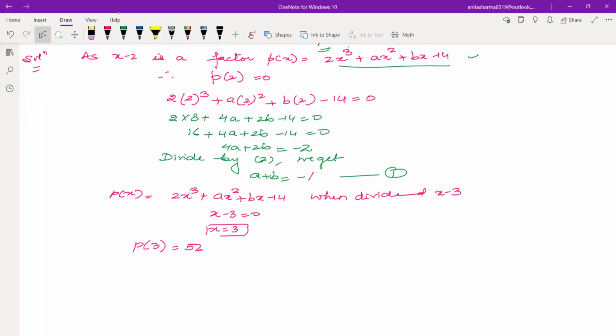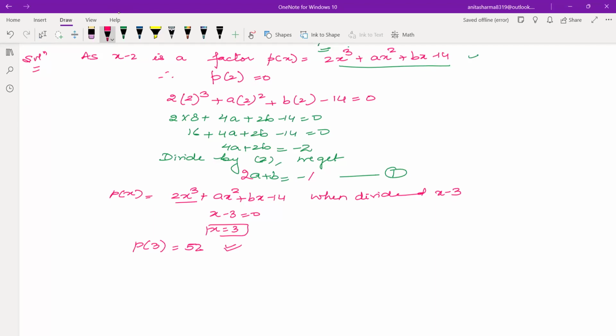Ma'am, in the first equation, isn't it supposed to be 2a plus b is equal to minus 1? Yes, I've corrected it. Now see, p(3) will be equal to 52. It means the value of this polynomial, when you put the value of x as 3, you will get 52.